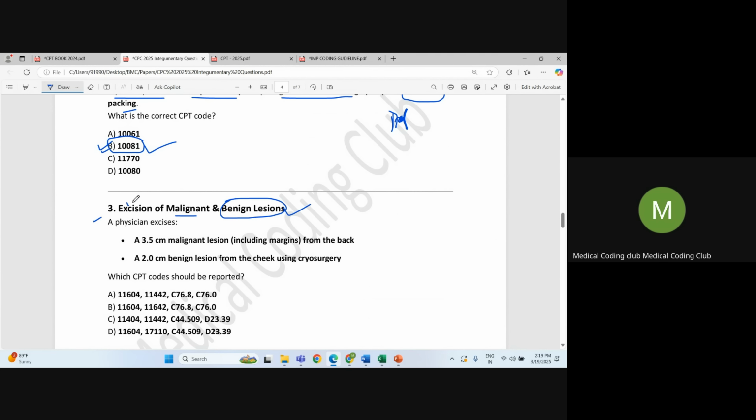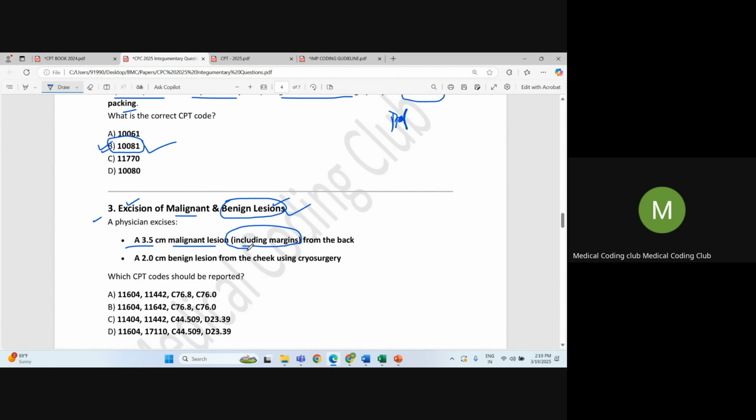One is excision, one is destruction. Excision means removal. Benign lesion destruction means in the same place they are destroying the lesion using cryosurgery, chemosurgery, electrosurgery, all those.